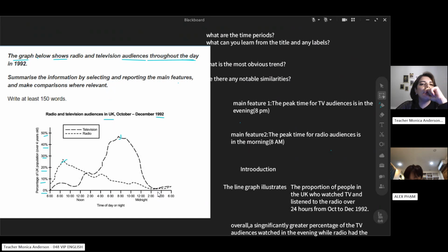Okay, we wrote our overview. It's time to write details. Main body 1, main body 2. Okay, how many main features do we have? 2. So, how to divide my paragraphs? How to divide information into 2 paragraphs?